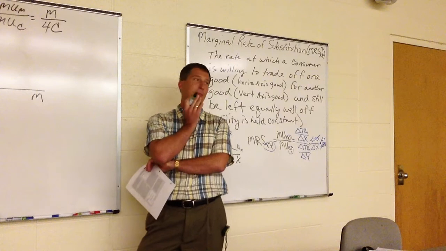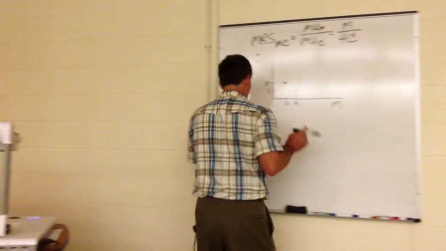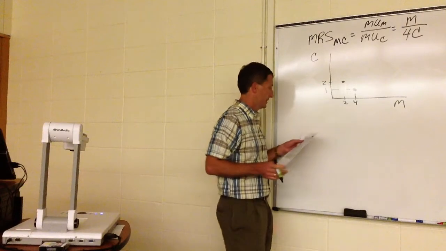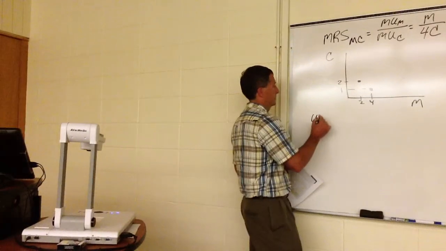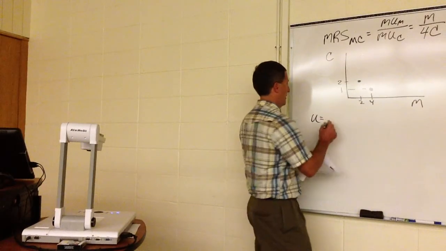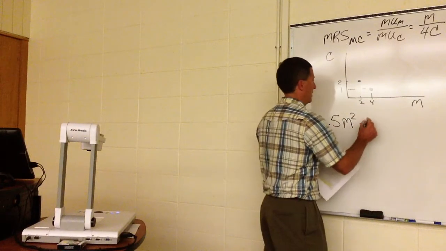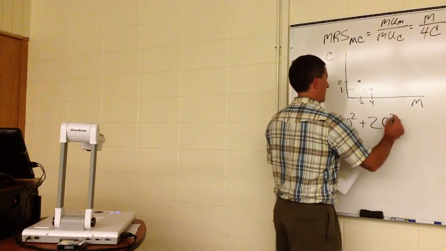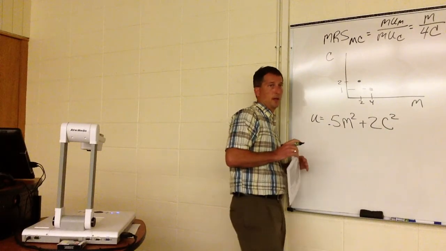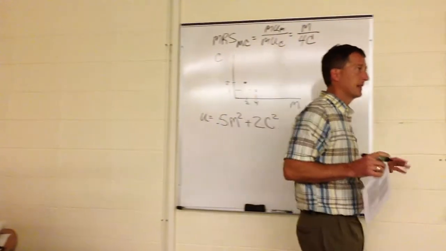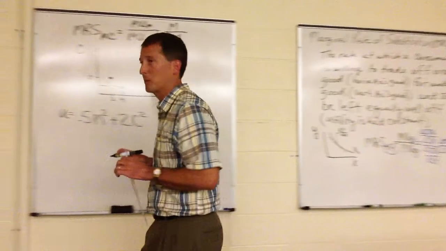Do it. So you've got the utility function. Plug those points into it. This is where having a little more than a basic calculator is nice if you can do some exponents.